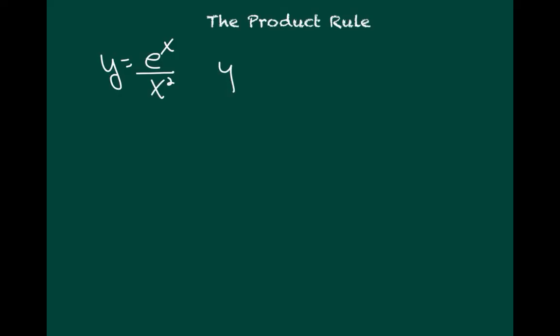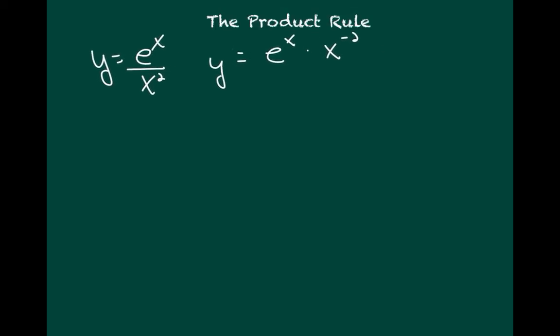Okay, well, the original function can be rewritten as e to the x times x to the negative 2. Now I can apply the product rule.